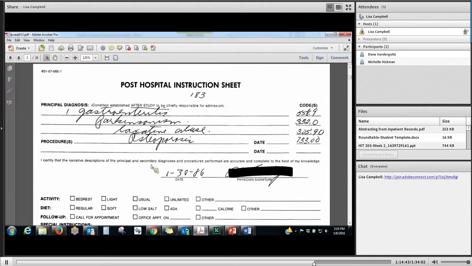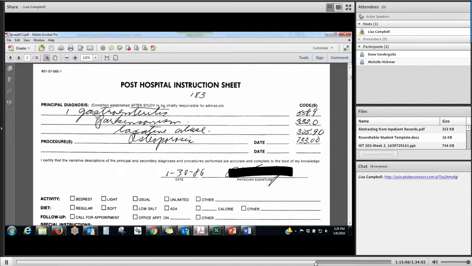Okay, let's see what the next thing is. So let me just tell you, part of these records are typed. Part of these records are handwritten. These records are from 1986. Because of HIPAA, we unfortunately cannot get our hands on records from 2016. And again, our goal here is for you to learn the process.